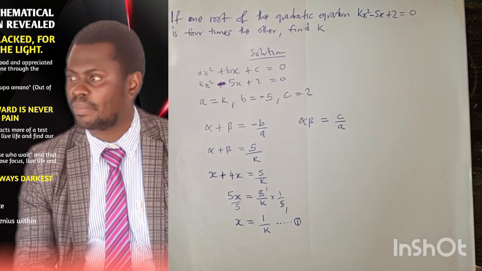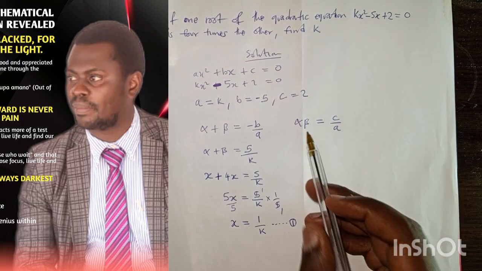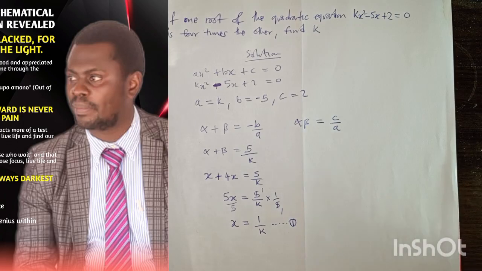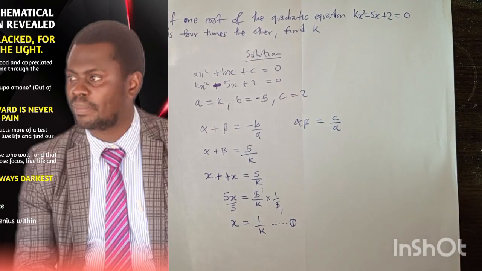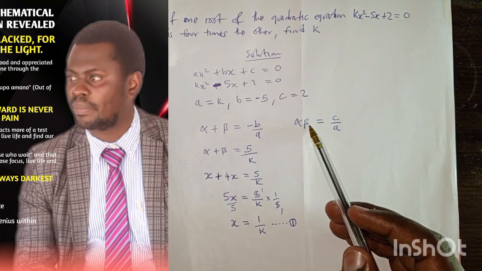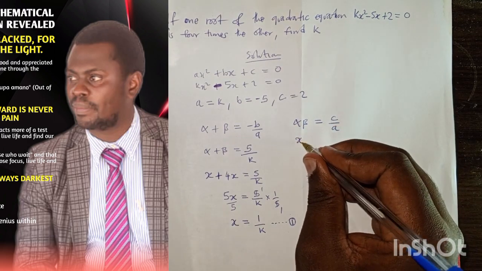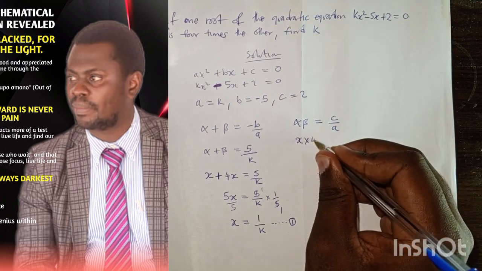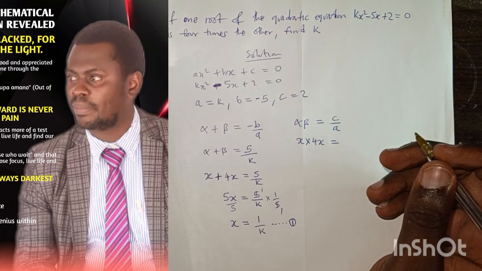We go to equation 2 for product. Alpha beta is equal to c over a. Again here, we know that alpha is x and beta is 4x. So x times 4x is equal to c over a.